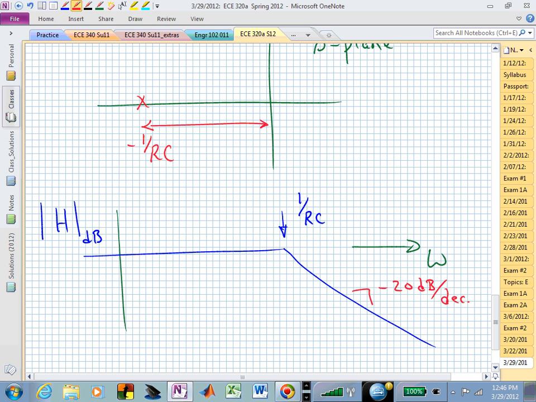And the frequency in the horizontal will be logarithmic, and that allows us to show much more information in the same space. And we like it because on that semi-log plot, it allows our lines to move in a straight line instead of a sloping, curving line that would happen if we had linear scales on both the horizontal and vertical. Question?